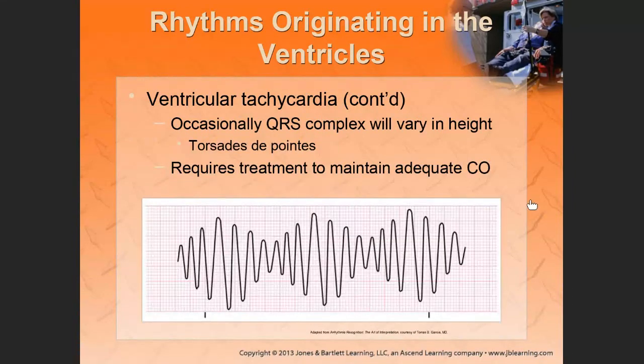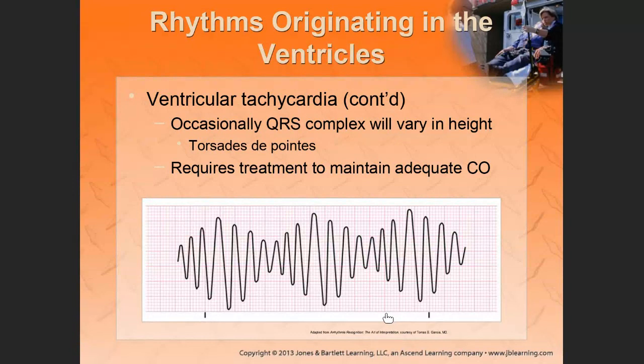All right, now look at this one. Pretty unusual looking rhythm. It's also referred to as Torsade, which is French for twisting of the points. Can you see your waveforms? Is it ugly or pretty?